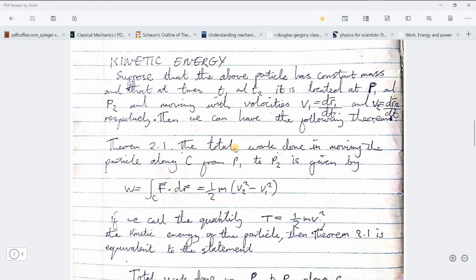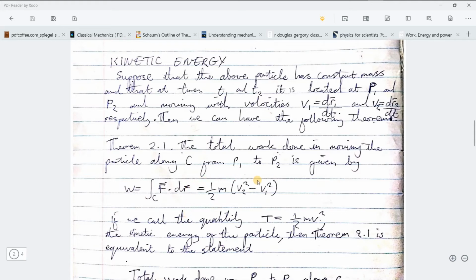Alright, so I'll repeat this theorem. This theorem is saying that the total work done in moving the particle along C from P1 to P2 is given by work is equal to the closed integral of F dot dr, which is equal to half m v2 squared minus half m v1 squared.